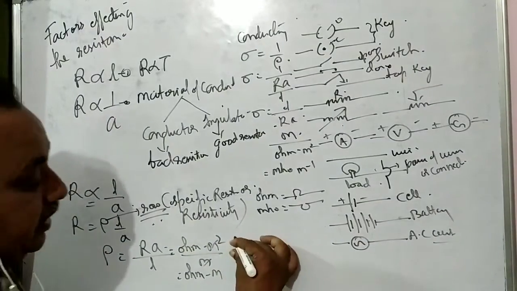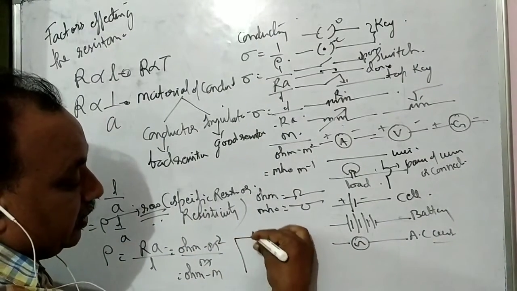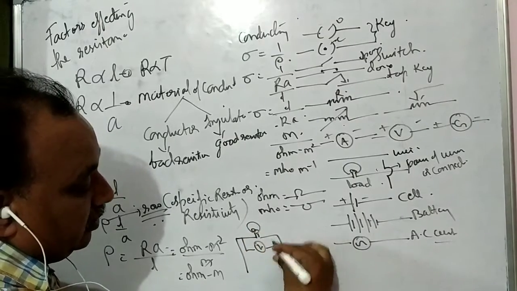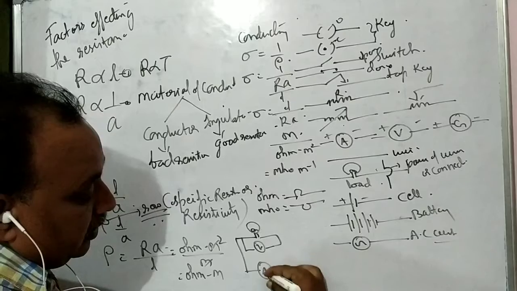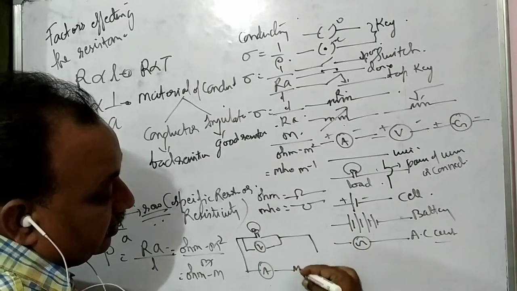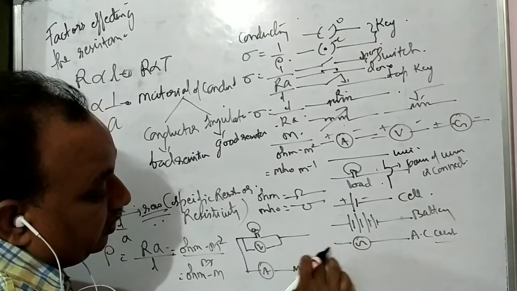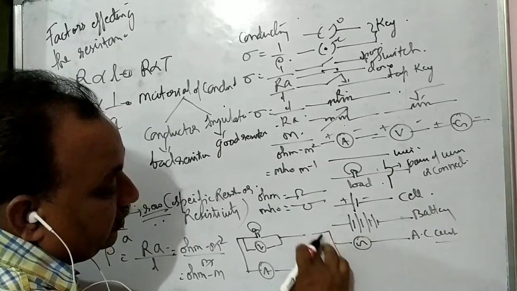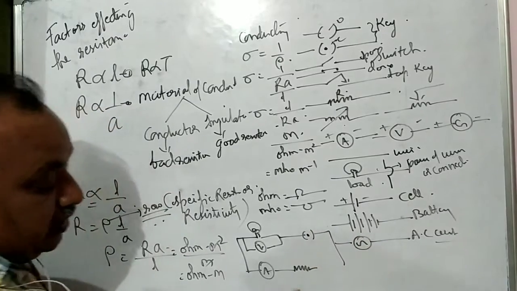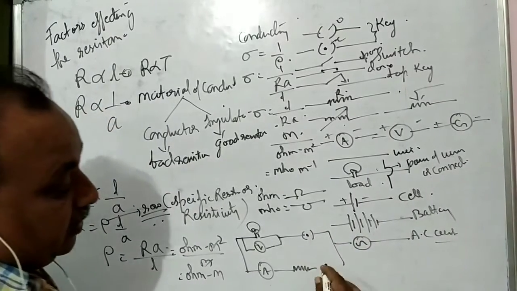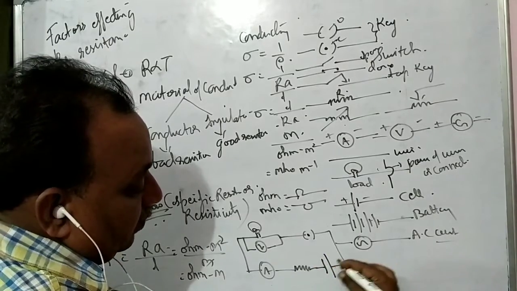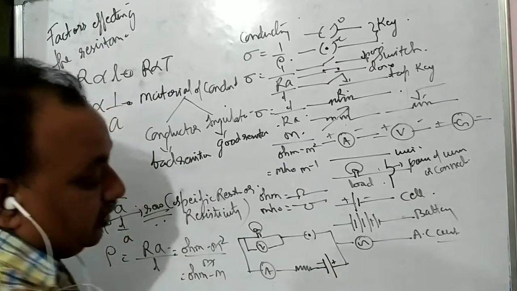If you are making a circuit, you can measure in it like this. This is a bulb, in parallel with which you can connect a voltmeter. If you want to measure the current, you connect in series. This is the resistance applied to it. One key is there. Resistance is there. Ammeter is there. One cell is connected to supply the current. This is plus and this is minus.